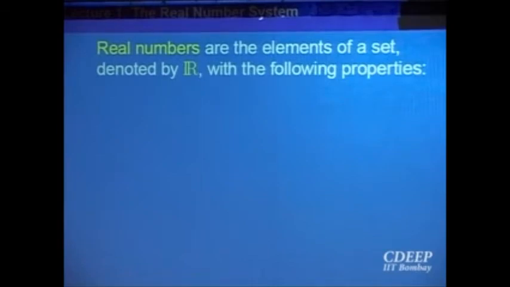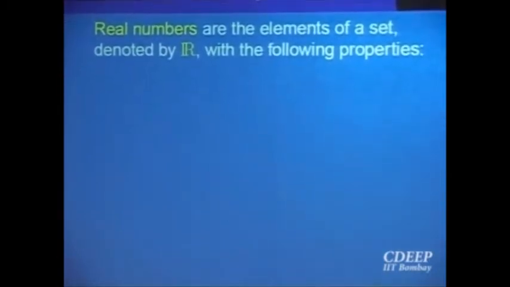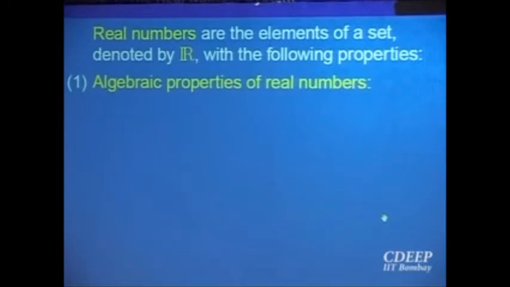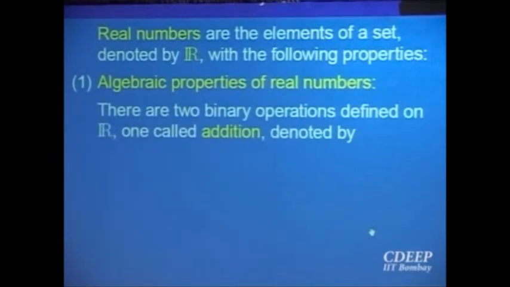So I am giving you what is called the axiomatic definition of real numbers. Real numbers is a set R on which there are some algebraic properties. Algebraic properties are defined by 2 binary operations. All of you understand this term, binary operation?